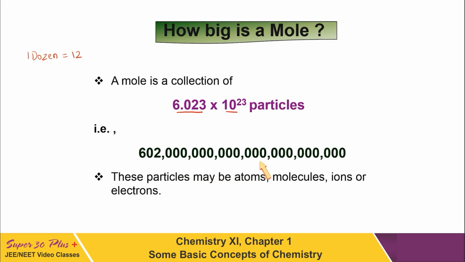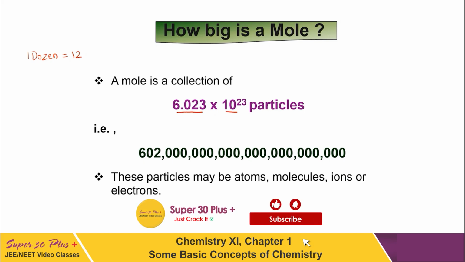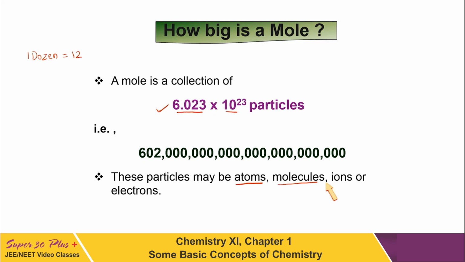This is a huge number, my dear students. These particles may be atoms. If I say 1 mole atom, it means this much atoms. If I say 1 mole molecule, it is this much molecules. If I say 1 mole ion, it is this much number of ions.